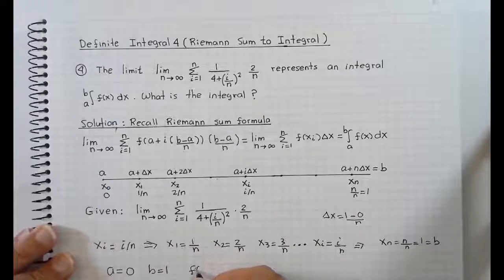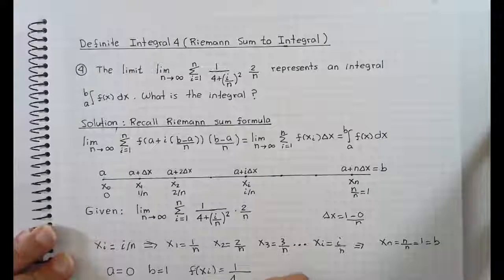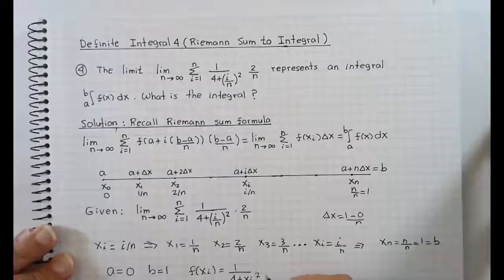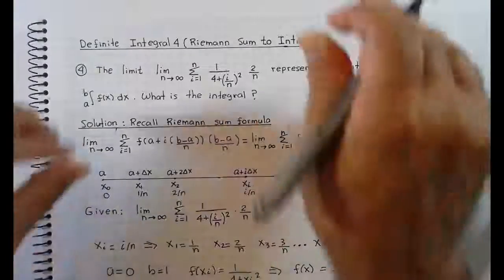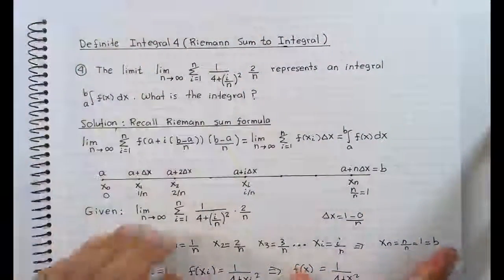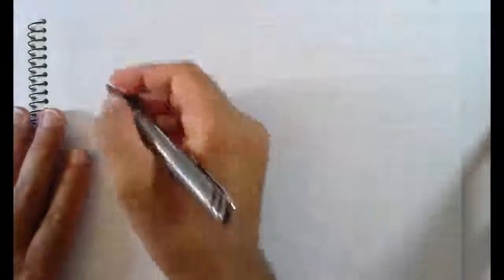The function f of xi is 1 over 4 plus xi squared. And that means the transformed function that we're going to use in the definite integral is going to be 1 over 4 plus x squared. So let's rewrite.